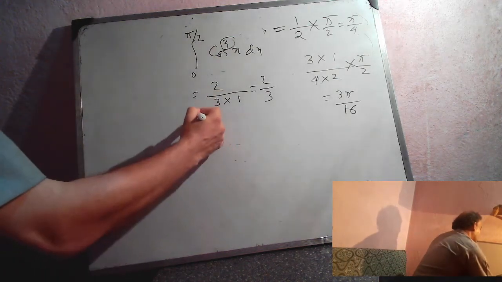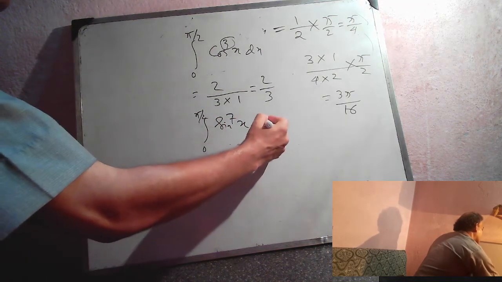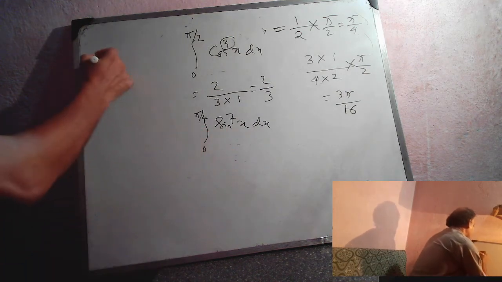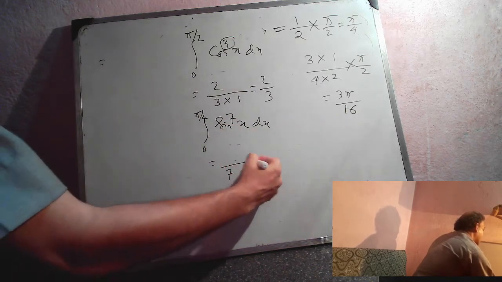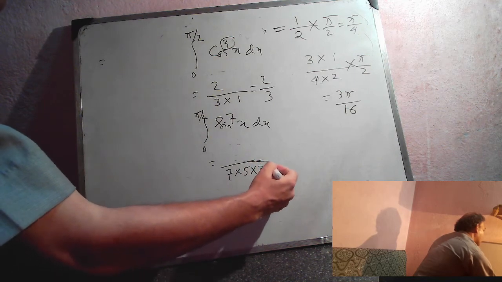Suppose 0 to pi by 2 sine 7x dx equals 7, go on decreasing by 2 units: 5, 3, 1.